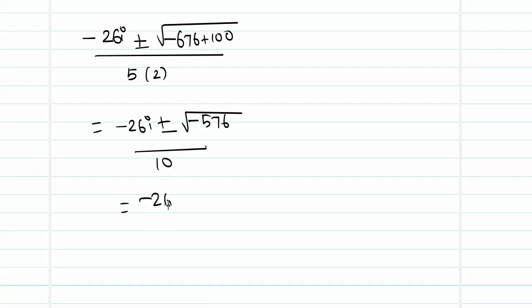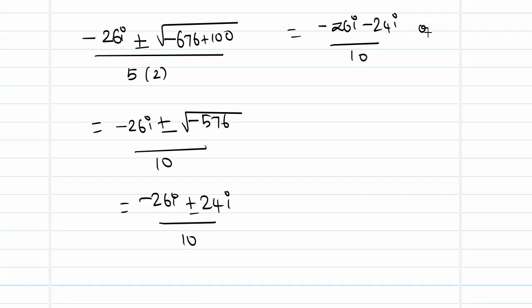What do we know about square root of 576? This is going to be equal to 24, and with a minus sign inside the square root, this turns out as i divided by 10. So the poles are minus 26i minus 24i divided by 10, or minus 26i plus 24i divided by 10.